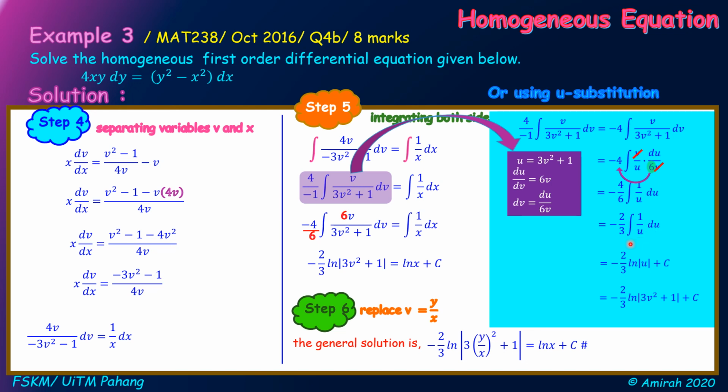We can integrate 1 over u du, it becomes ln modulus u plus c. And after that, we replace u with 3v squared plus 1. So the answer is negative 2 over 3 ln of 3v squared plus 1 plus c. But we just put plus c on one side only. So we can integrate this function either using the quick method or using U substitution. We get the same answer.